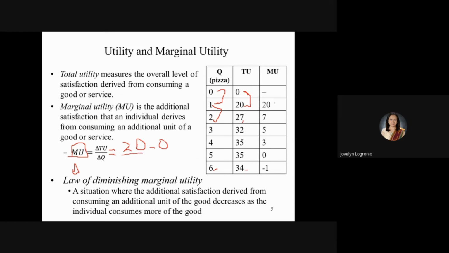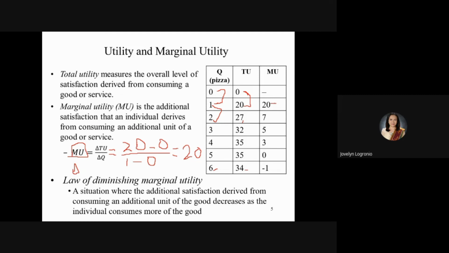Then, the denominator, the same. Change in Q naman, from 0 to 1. So, final value is 1. Initial value is 0. So, the answer is 20. Ibig sabihin, again, the marginal utility of the first slice of pizza is 20. So, kaya nakuha yung 20 dyan.